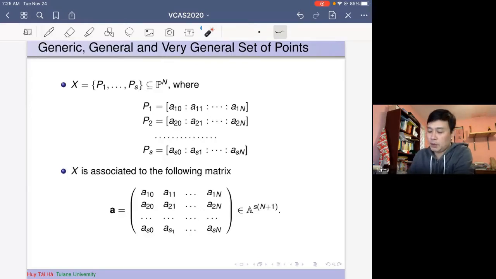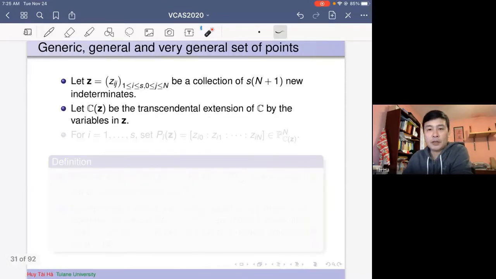Now, if we start with a collection of s times n+1 new indeterminates, Zij, again in a matrix form, I let C(Z) be the transcendental extension of the field C by these new indeterminates.